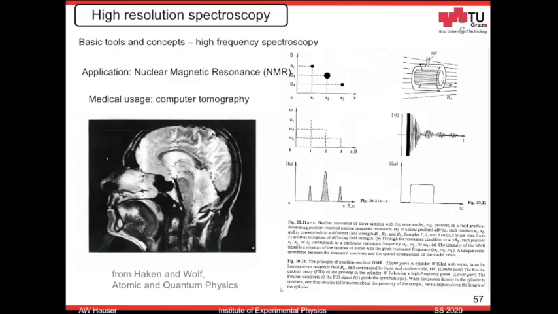Okay, but here, my final comments. When it comes to medical usage, we need something else which we have to add, namely we would like to know which type of tissue is where in space. So we need information about the position.